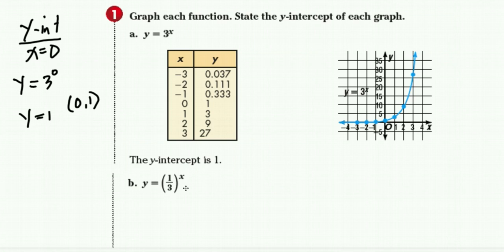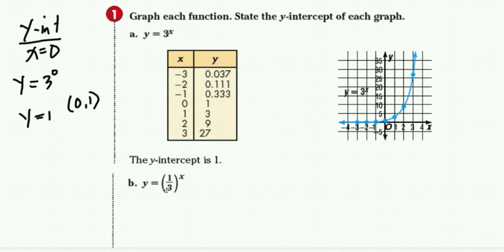Now if you notice again, it slowly decreases as you find values less than 3. The y will slowly decrease, but will never pass the x-axis. It will come closer and closer to the x-axis, but it will not cross the x-axis.